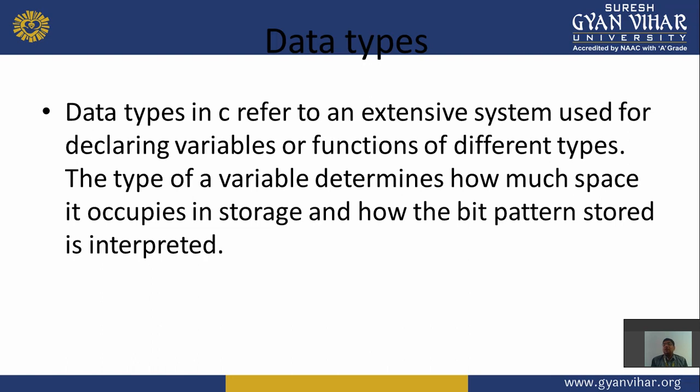So when you declare a data type with the variable, then the data type performs 3 operations on that variable. First, it decides the data type, meaning the type of that variable is fixed by the data type. Second, it decides how much memory is occupied by that variable.